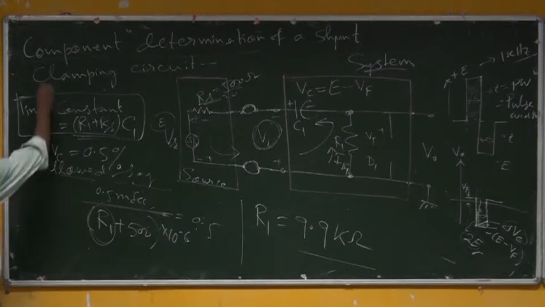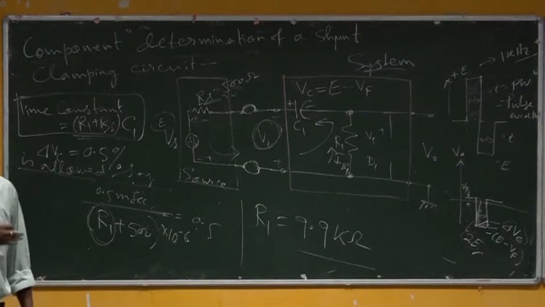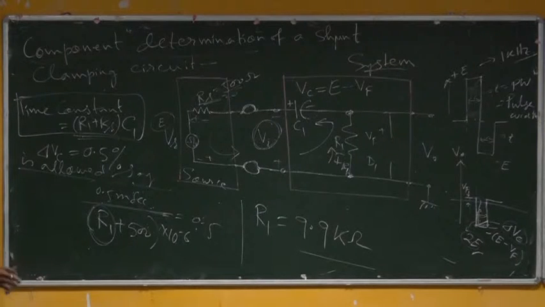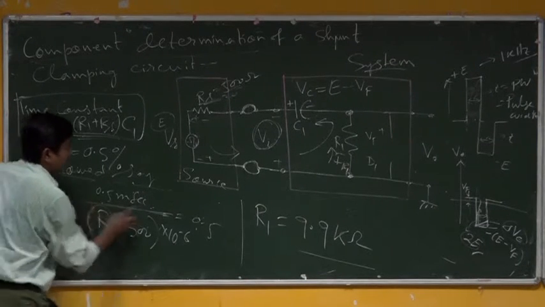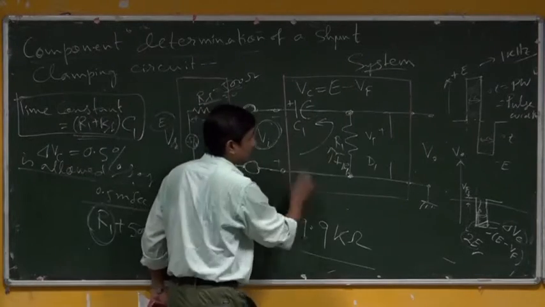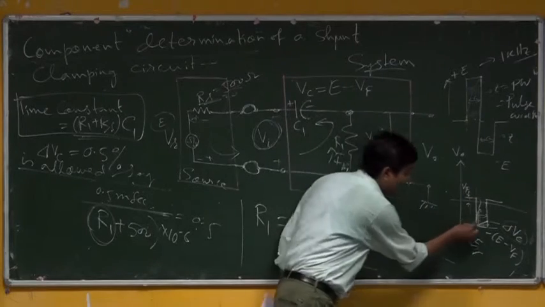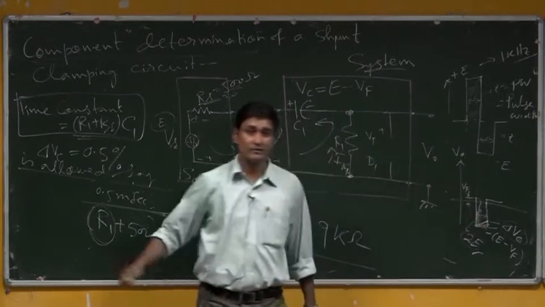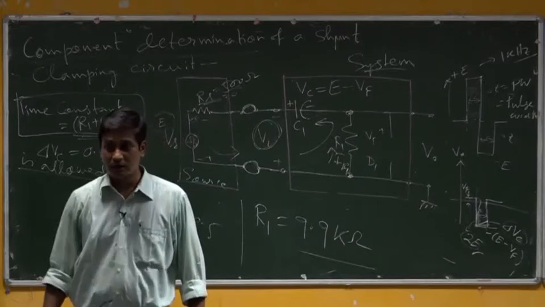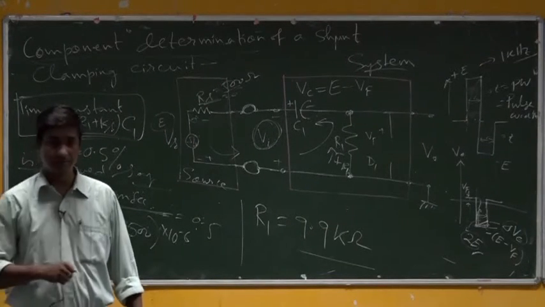So, if we go for component determination of this circuitry, we have to follow the path in this way, where we are able to decide R1 and C1 values such that our tilting doesn't go beyond 5%. Doesn't go beyond 5% for what frequency?